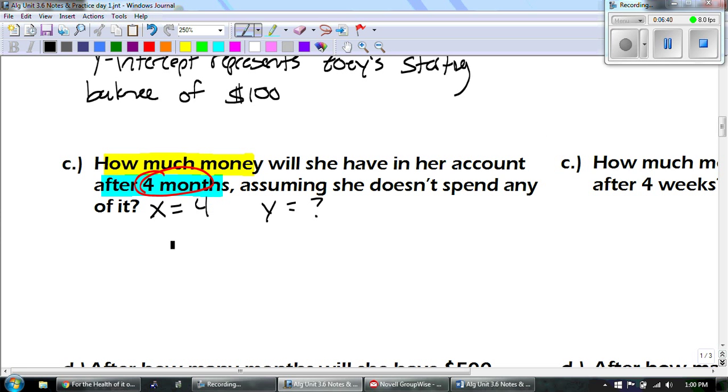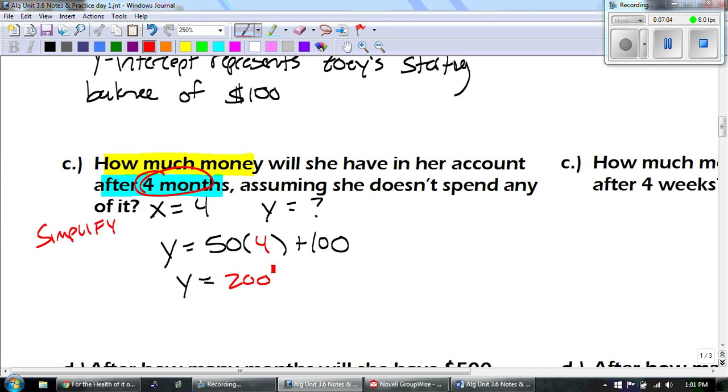When we plug this in, y equals 50 times x plus 100. All I'm doing is plugging into the equation and simplifying. So y equals 50 times 4, which is 200, and 200 plus 100 gives us a total balance of $300.